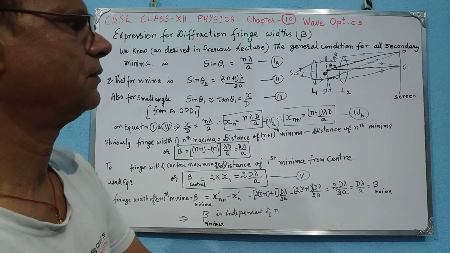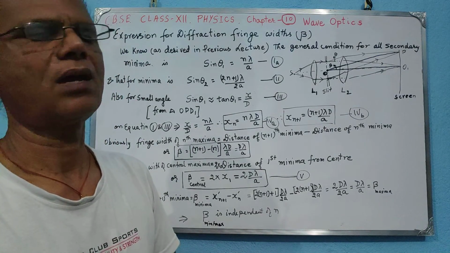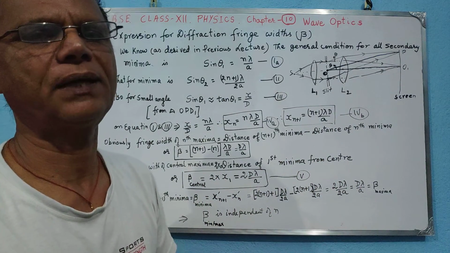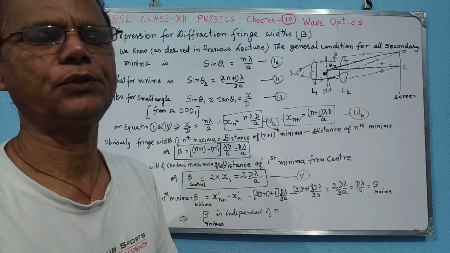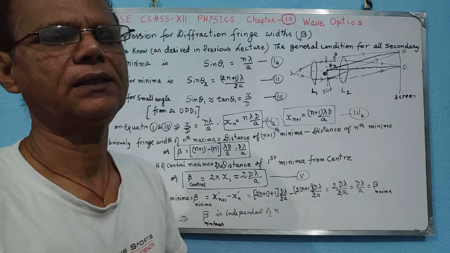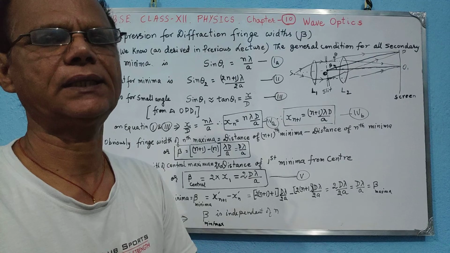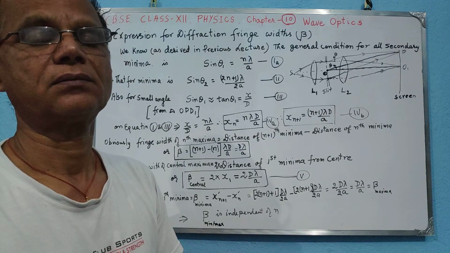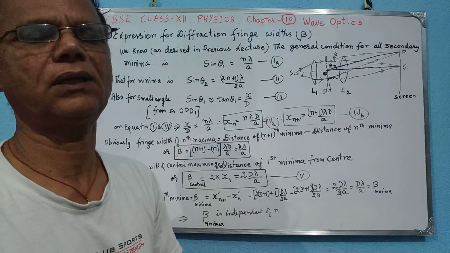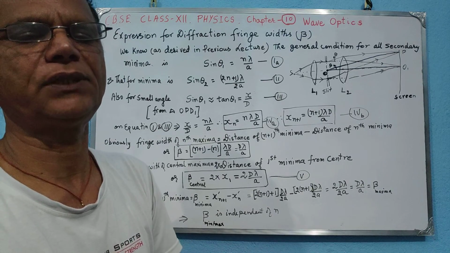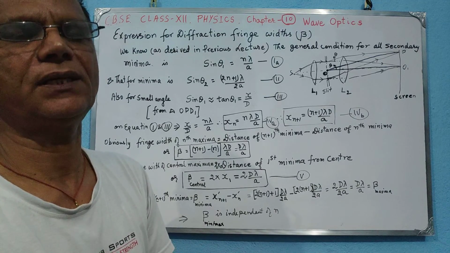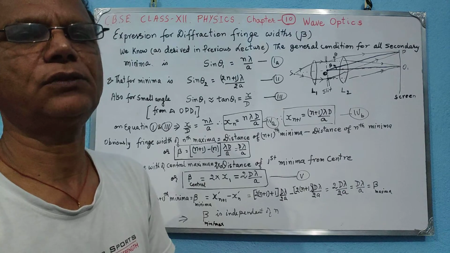And for that we made the assumption that the whole wavefront was divided into two parts or an even number of parts whenever we intended to find the condition for dark bands, and whenever we intended to find the condition for bright fringe, we divided the whole wavefront into an odd number of equal parts, and then each time we took the path difference for each divided part of the wavefront to be equal to lambda by 2.